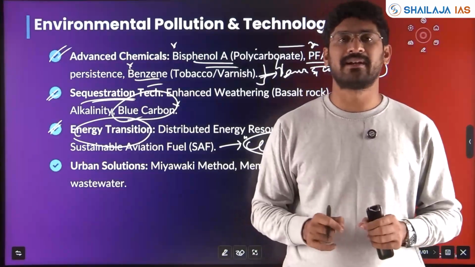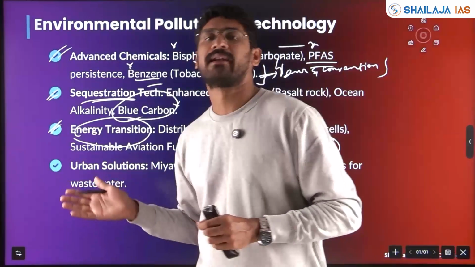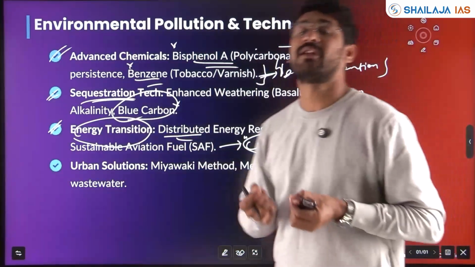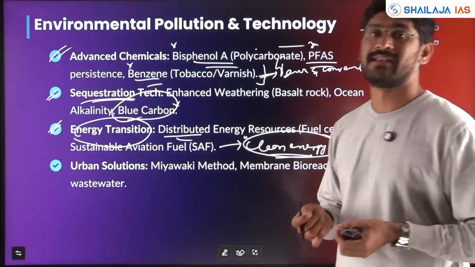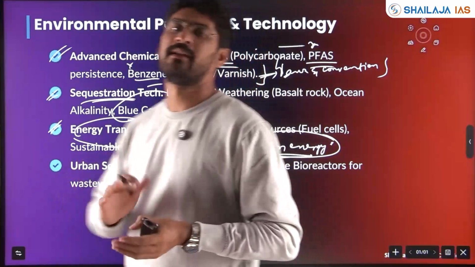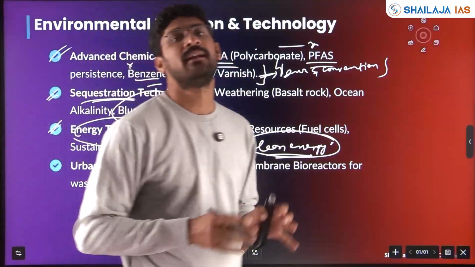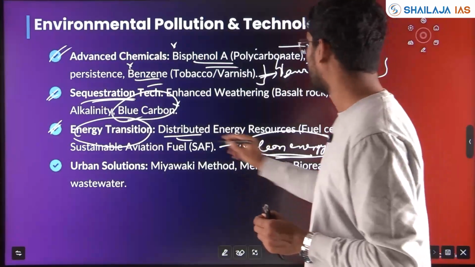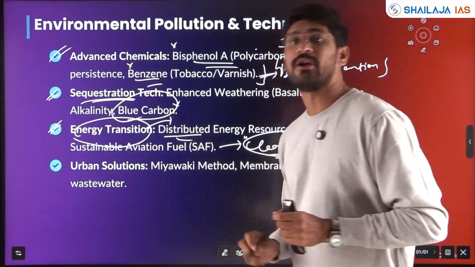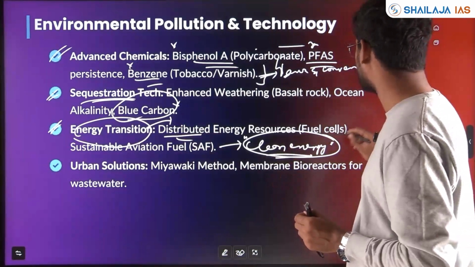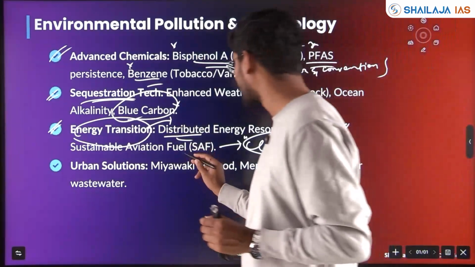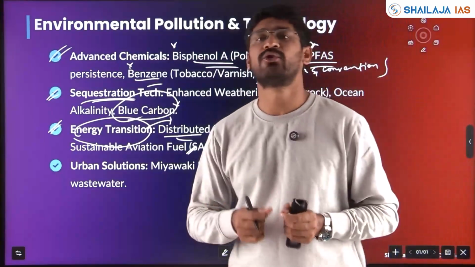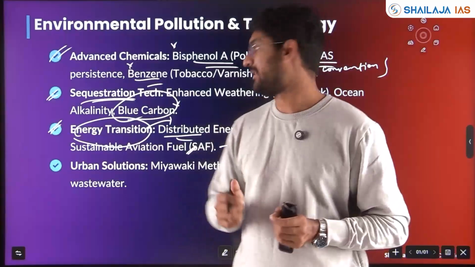We have our targets, and we have our targets for net zero by 2070, which, the timeline might be shifting, but we have a net zero target and we have renewable energy targets. And we have new technologies also. For example, distributed energy resources and fuel cells, sustainable aviation fuel. All these are energy transition happening towards newer and cleaner technologies.